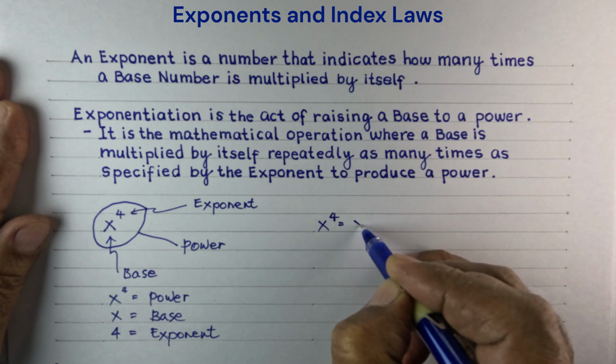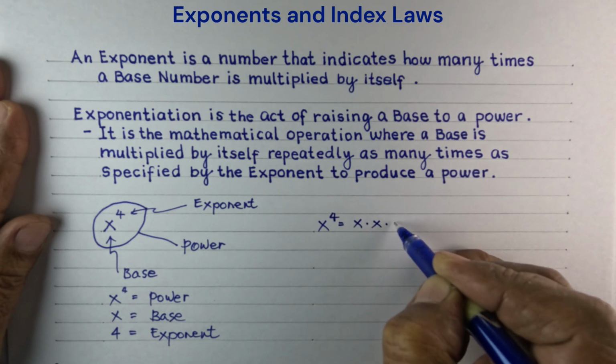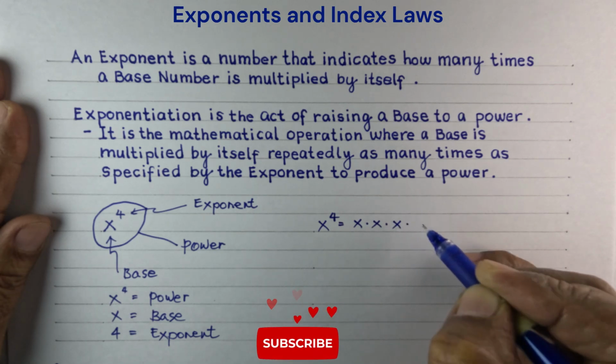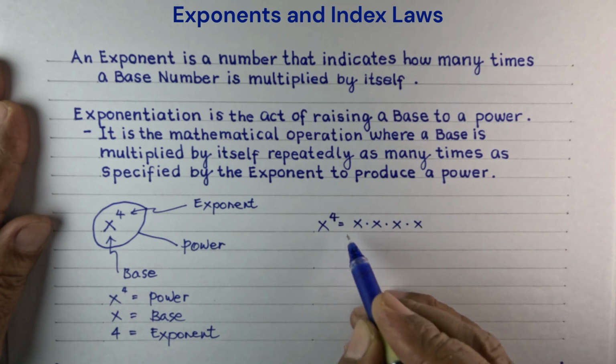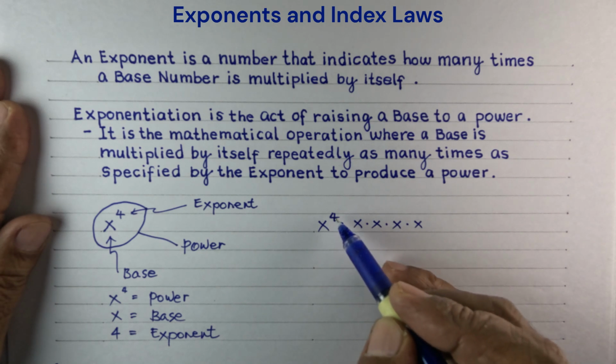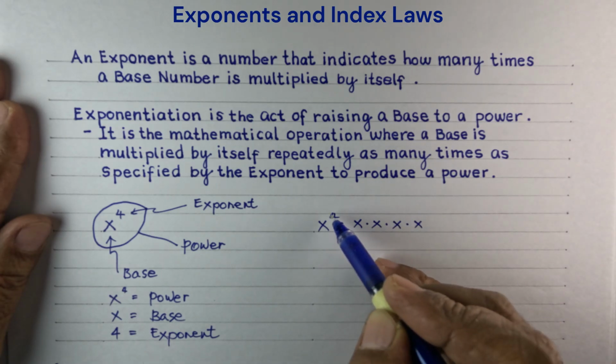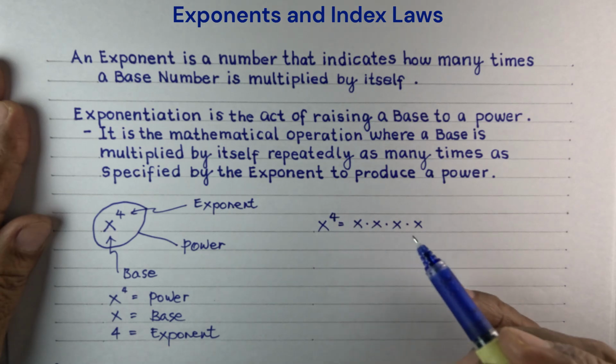So that's equal to x times x times x times x. So 1, 2, 3, 4. So the base x is to be used as a factor in the multiplication process 4 times.